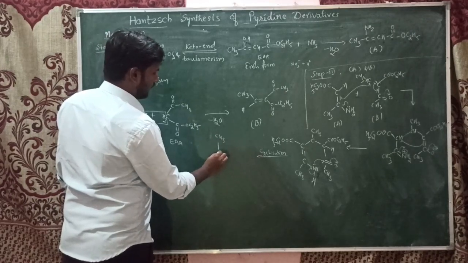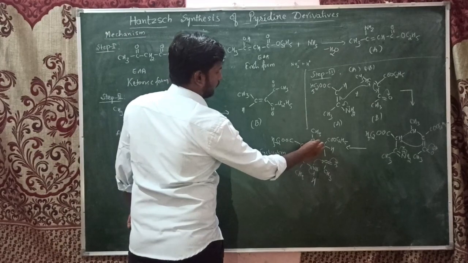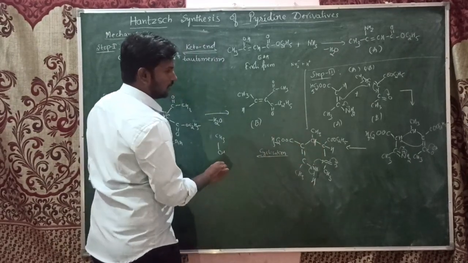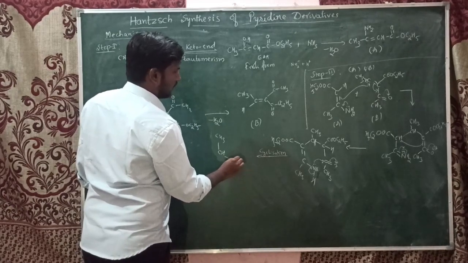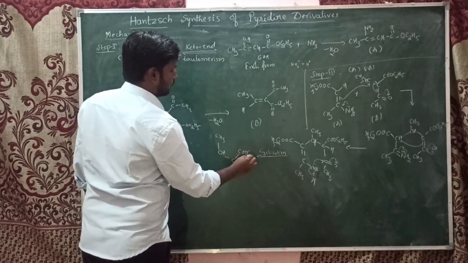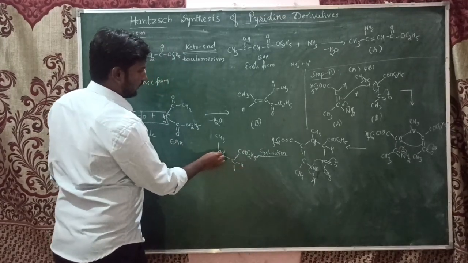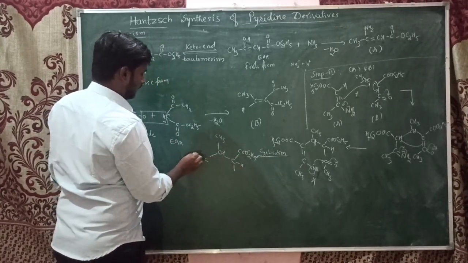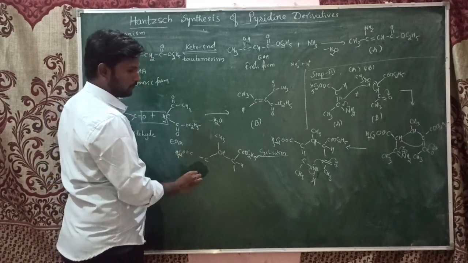CH3, C. Here there is an H. Yeah, sorry, I forgot H. This is CH, COOC2H5. It is a single bond. Here it's a single bond carbon. Here COOC2H5.